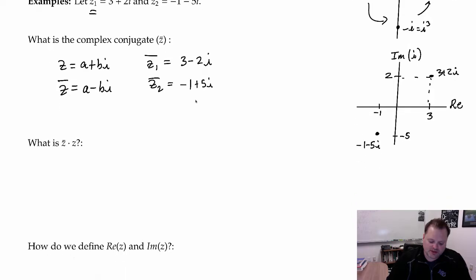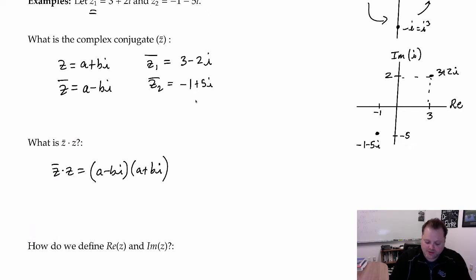The interesting thing that comes out of this is if you take a complex conjugate, so z bar times z, which is a minus bi times a plus bi, this result is always real. So if you FOIL this out, you get a squared minus abi plus abi, and then you got minus b squared i squared.